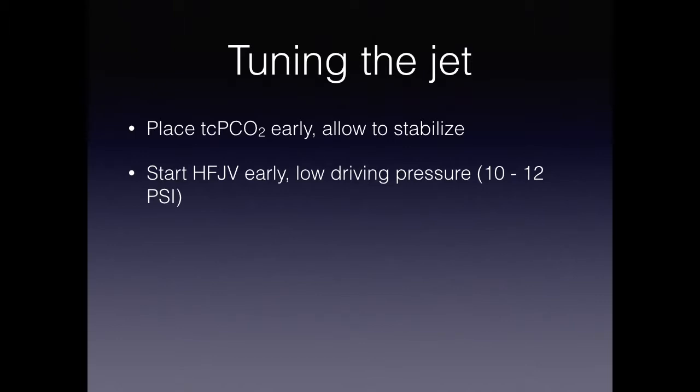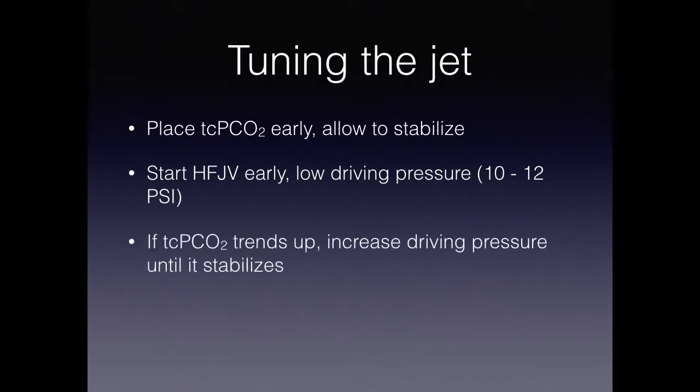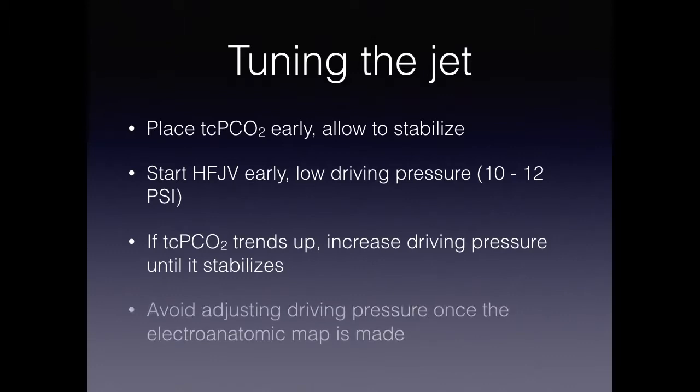I have a pretty good idea that's going to be low enough that I'm going to have to turn the jet up, so I'm just going to sit there and watch. If the transcutaneous trends up, I'm going to increase the driving pressure until it stabilizes. If it doesn't trend up, then 10 or 11 or 12 is just fine.